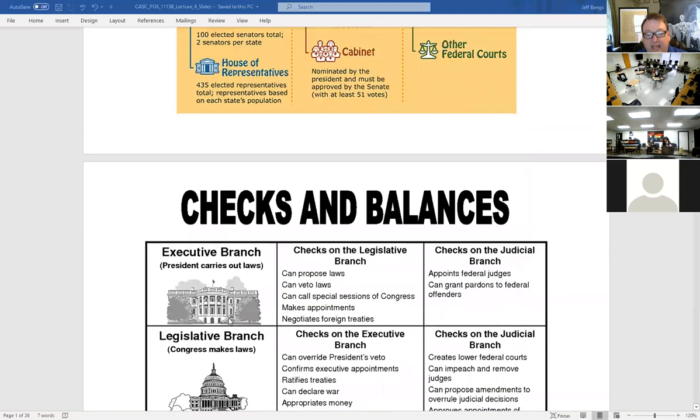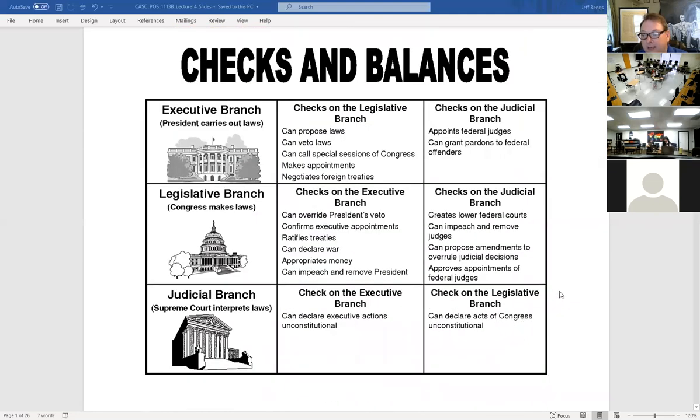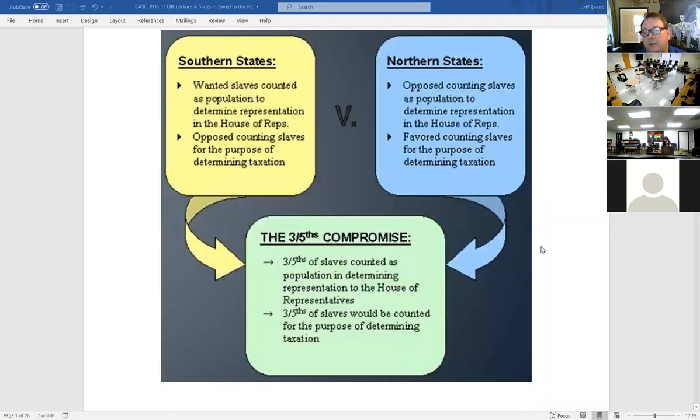The majority of slaves during the federal period, the revolutionary period, still, even at that time before the Civil War, 80 years later, the majority of slaves were still in the southern part of the nation. So the southern states, the delegates that represented them at the Constitutional Convention, wanted slaves to be counted as persons when it came to determining their representatives.